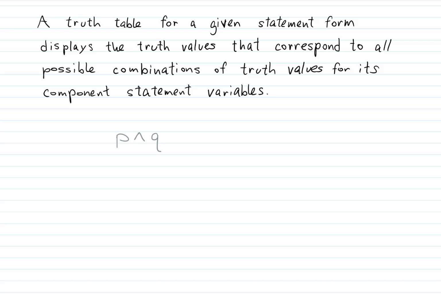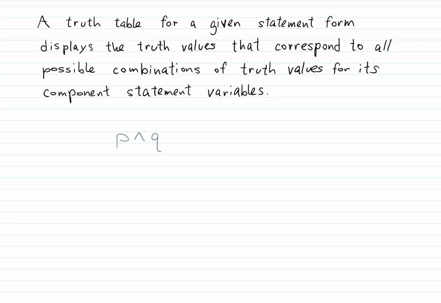So you see, the truth value of that depends entirely upon what you substitute in place of P and in place of Q. In order to get a truth value for this statement form, you need to turn it into a statement, which means you need to substitute statements in for P and Q. And then the statement form will become a statement, and then it'll be true or false.